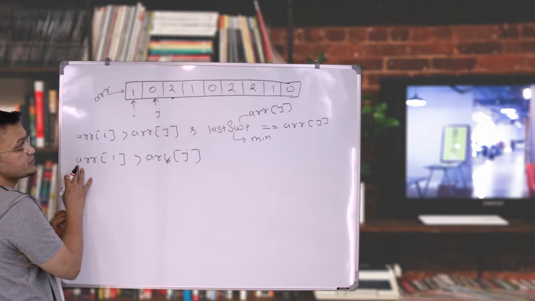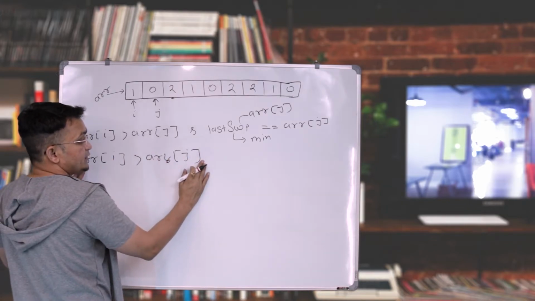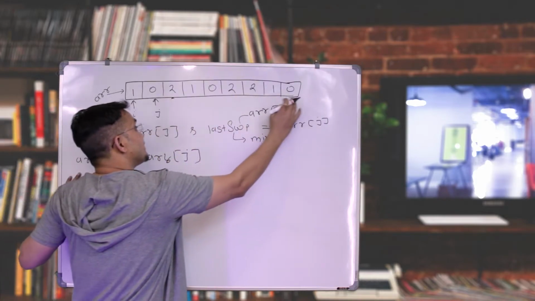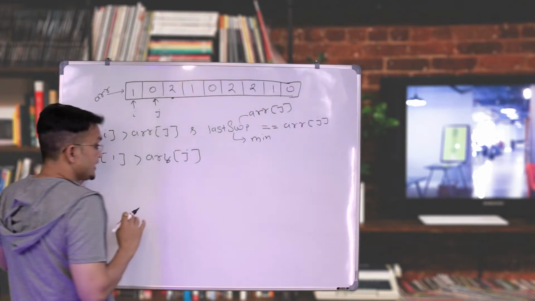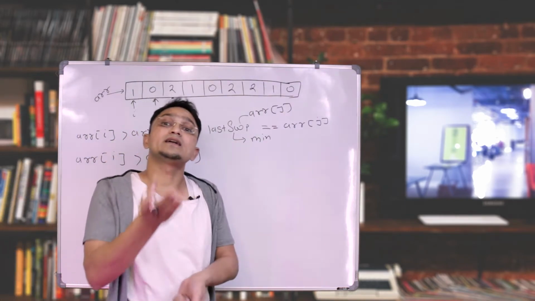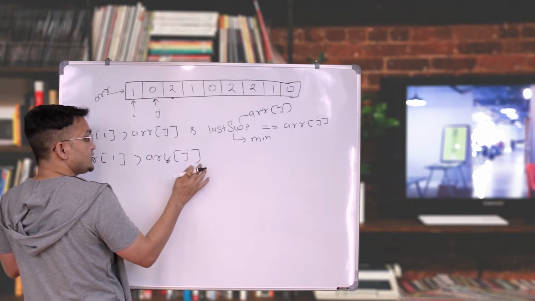The difference is, if only this condition is met, then my j keeps on moving till the end of my array, and whatever index satisfies at the last, that index will get swapped. Okay, so this is nothing but this one.